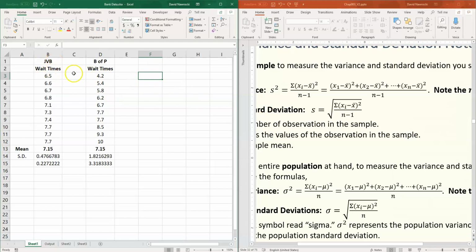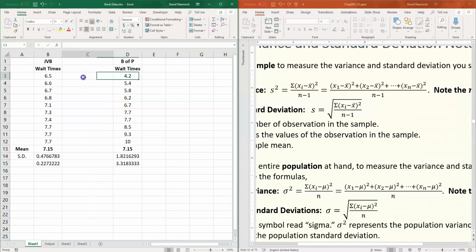Let's do this for the Jefferson Valley Bank. I'm going to give myself a little more room here. So what we're going to put right here is the x1 minus the mean, which is x bar. So I'm going to type in here equals parenthesis B3 minus what is in cell B13.